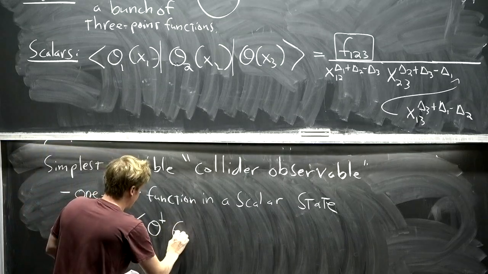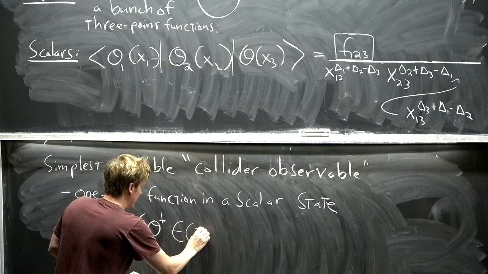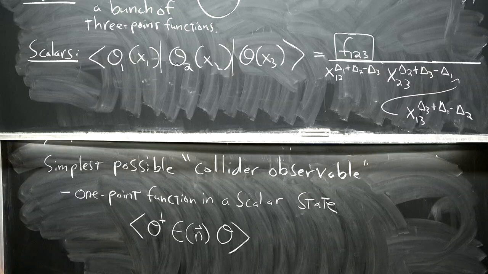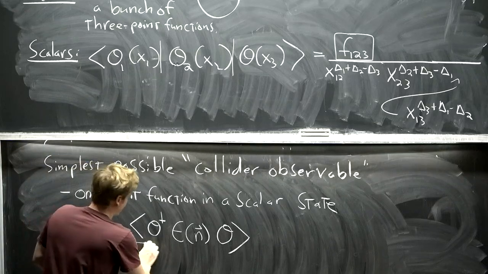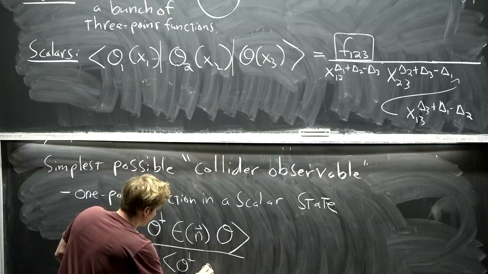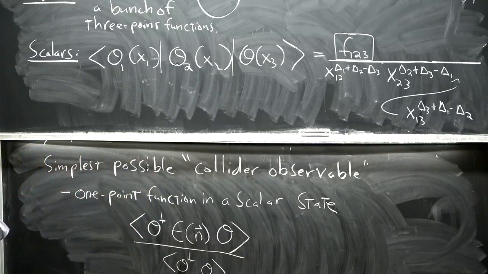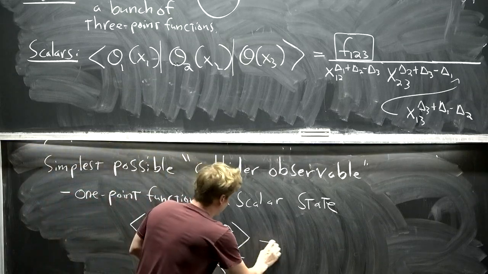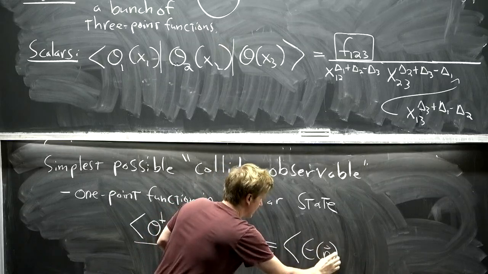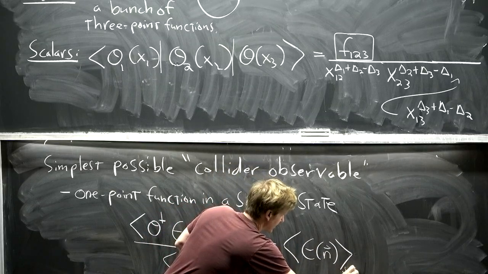I want to stick in my energy flux operator like this. And I can always just normalize it to this two-point function. Again, these are always Fourier transformed as appropriate. And so this I'll define as just the expectation value of this energy flux operator in some scalar state.